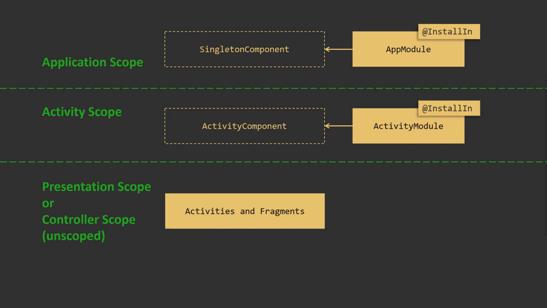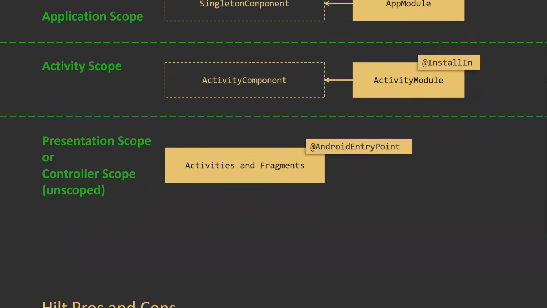So how do I bridge between my activities and fragments to these abstract components, which I can't get a reference to? They're kind of hidden inside Hilt, inside the framework. So I just use this @AndroidEntryPoint. That's where magic happens. I throw Android entry point at my activities and fragments, and behind the scenes, Hilt does all its magic to make it work.